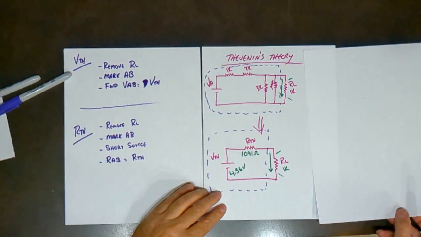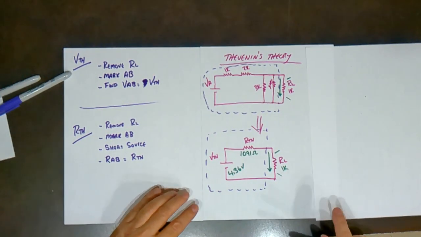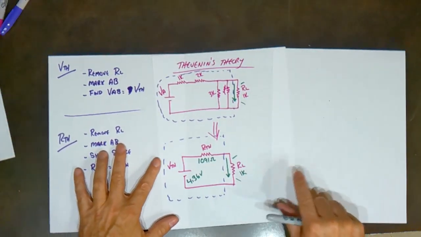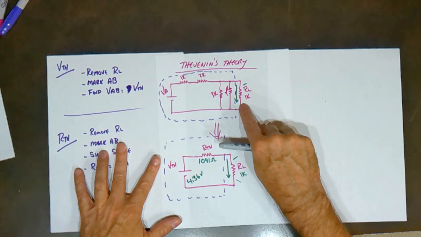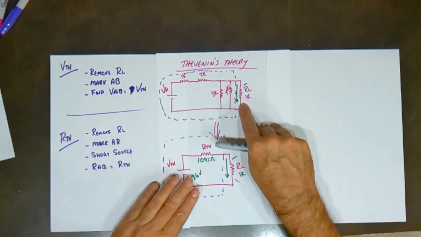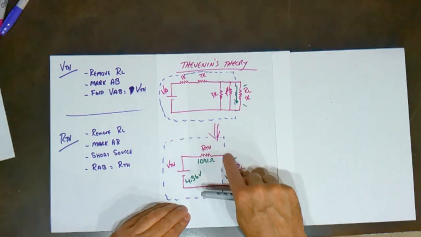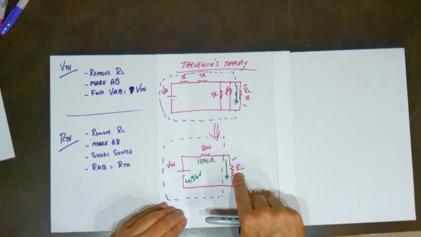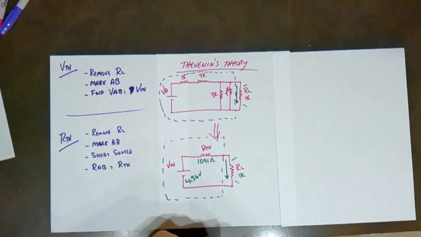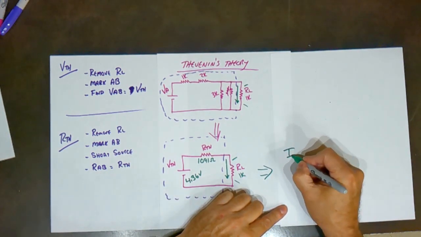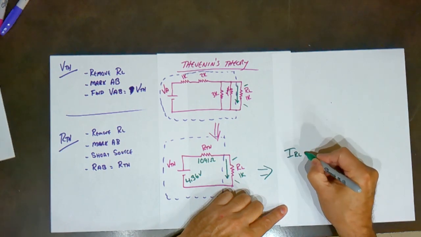Now, these circuits are equivalent with respect to the load. So that means whatever this box sends to the load, this box will send the same to the load. So what we want to do is, in this first case, let's find the current that's going to the load.